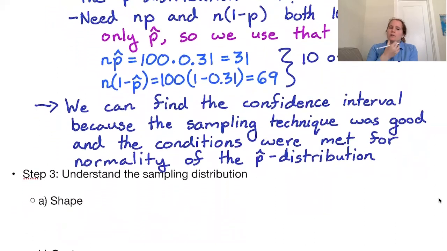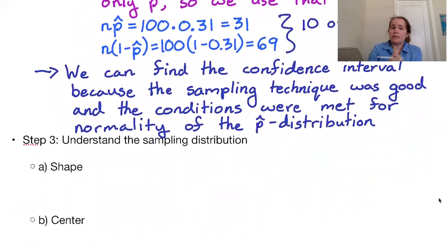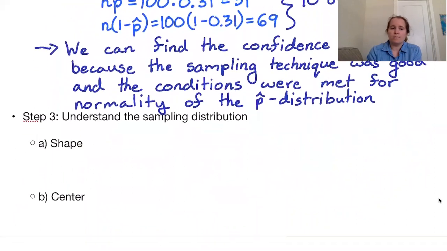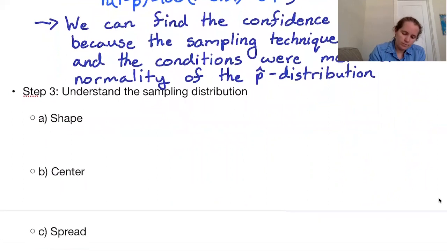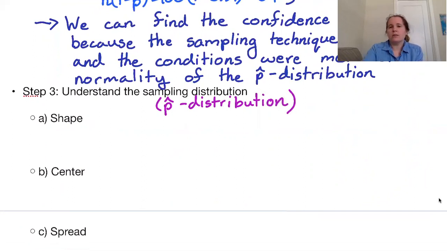From here, we are going to jump into understanding the sampling distribution. So we are working with the p-hat distribution, and we need to know what we can of the shape, center, and spread. For the shape, we just saw in step 2 that the p-hat distribution is essentially normal. So for our shape, we know that it is normal.